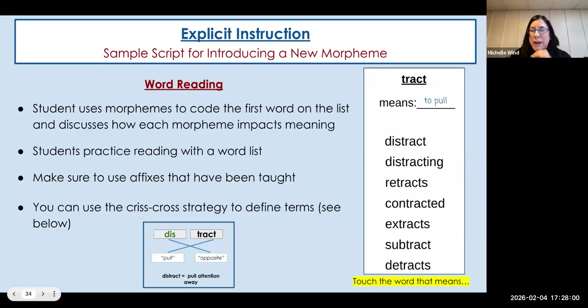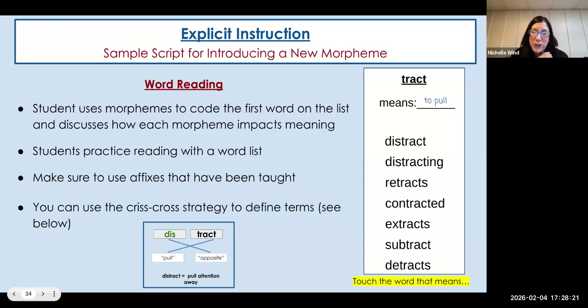And here is just showing an example of a word list with the base TRACT. What you would want the student to do is really mark up the word and break it apart into its morphological units. And really, it would be helpful if they have a space on the top where they can put that meaning in and write it in by hand.